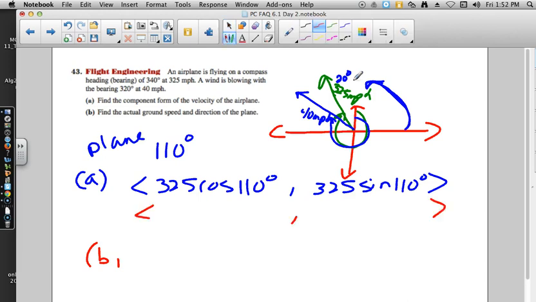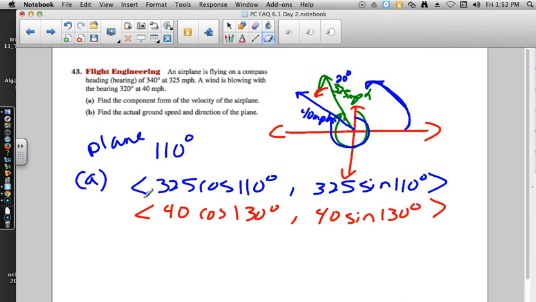So we're really looking for the resultant vector of the plane and the wind. The wind would be a 40 for the magnitude, but remember that was 20 more degrees. The angle between those two vectors was another 20 degrees. So that'll be 40 cosine of 130 degrees and 40 sine of 130 degrees.